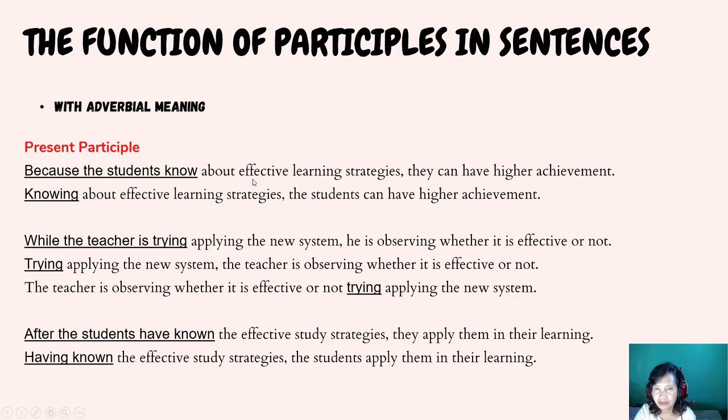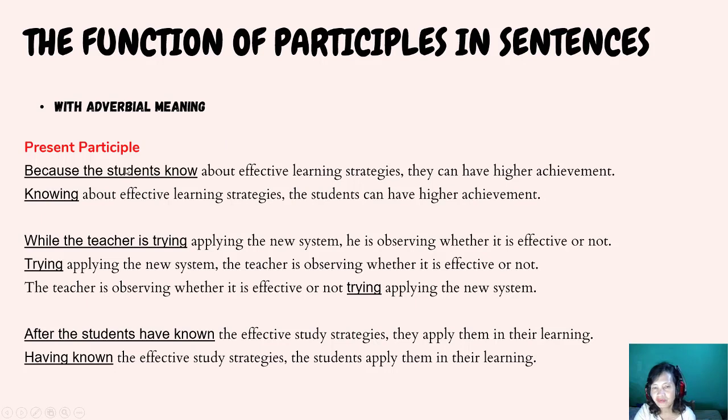The most important thing when you want to reduce the clause to only the present participle like this is that you must have the same subject for the main clause and the subclause. So "they" here is the same as "the students."